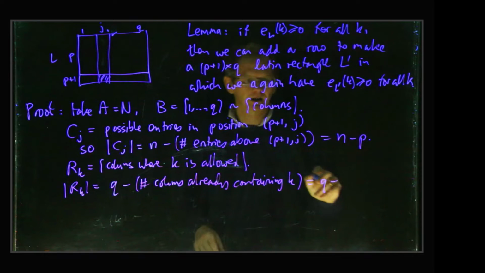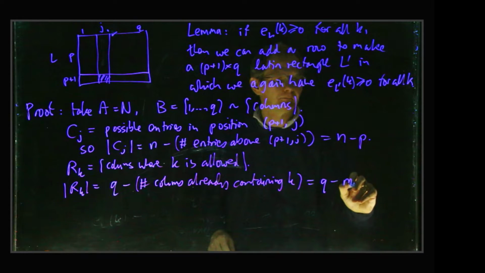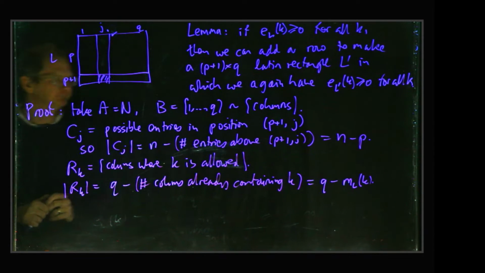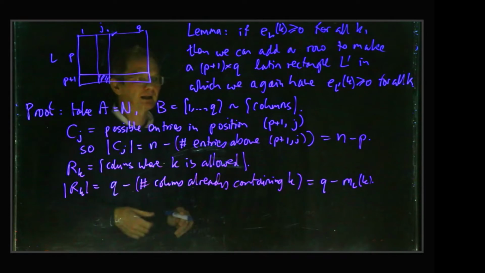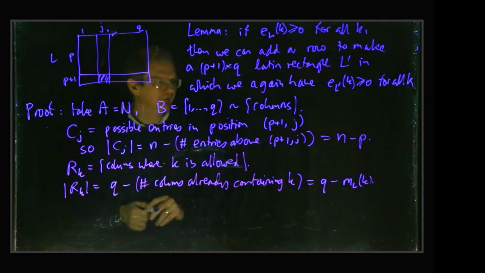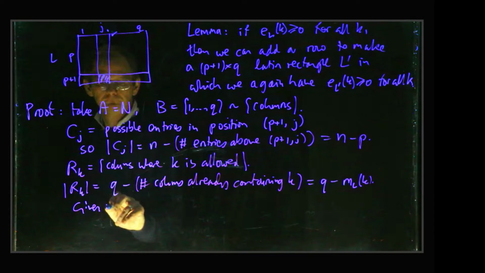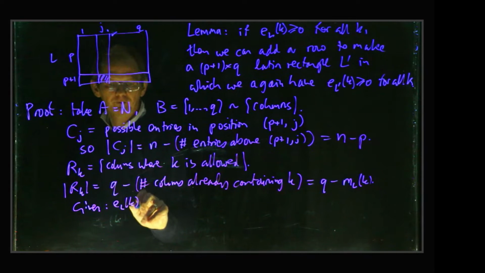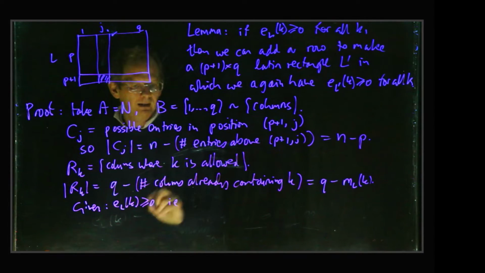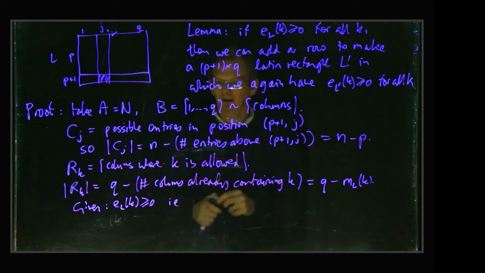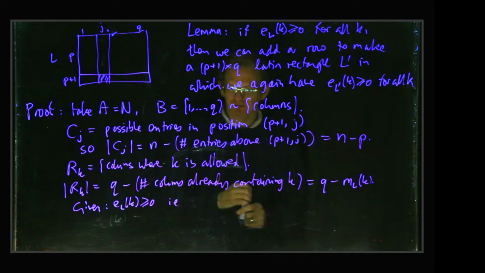So this is q minus the multiplicity of k in L. But we're given that E_L(k) is non-negative, and E_L(k), remember, is M_L(k) plus n minus p minus q.